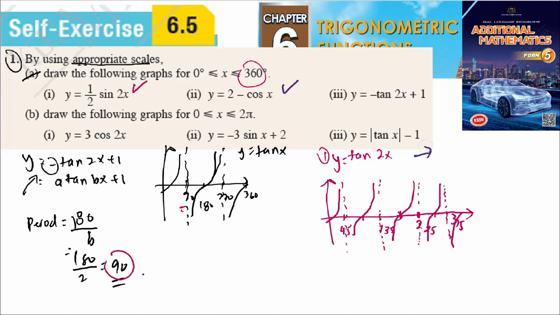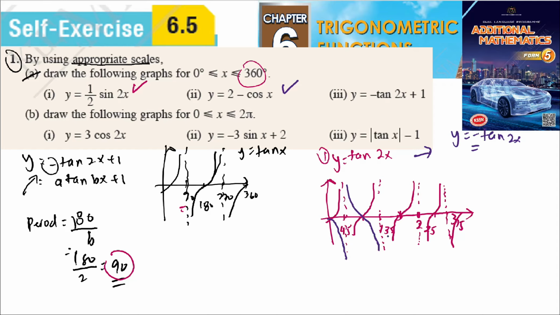So now we see here, this one is y is equal to negative tangent 2x. Negative tangent 2x means you are changing all the values of y from positive to negative and negative to positive. So this one, from 0 to up, will become 0 to down. This one is down to up, this one is up to down.